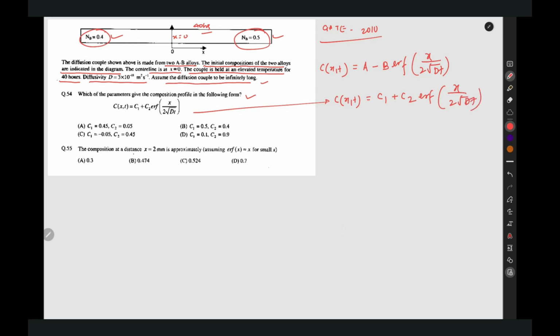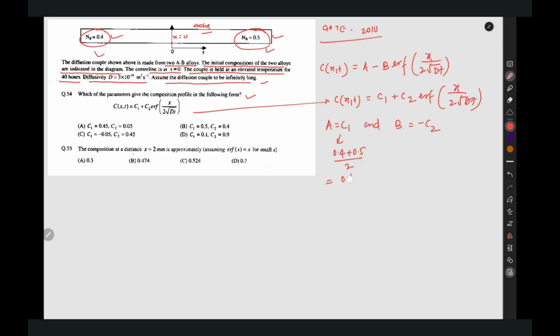Easily we can say that A equals C1 and B equals minus C2. We have already defined that C1 is the average surface concentration. So with these two couple held at x equal to 0, the C1 value will be average of both of these two. So it will be 0.4 plus 0.5 by 2.